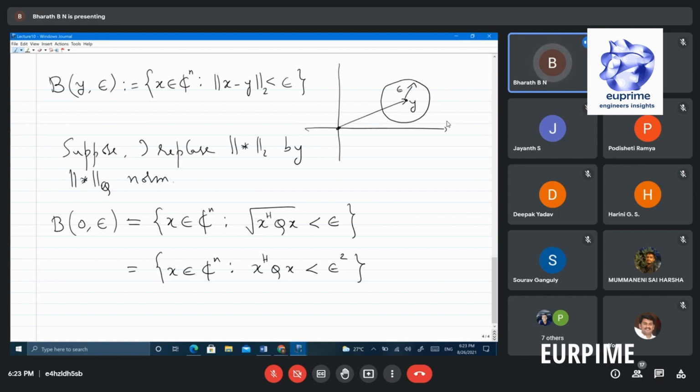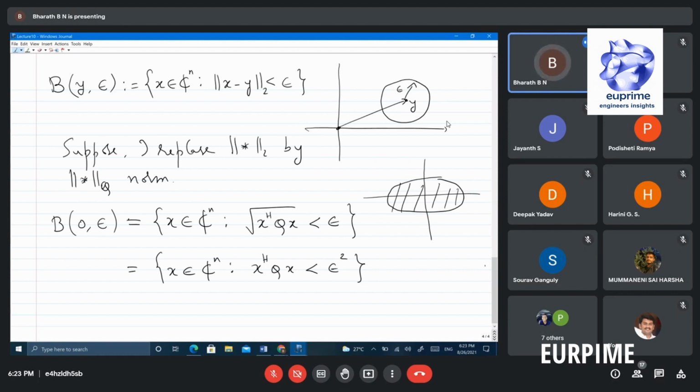Still I call it a ball, because the way I have defined a ball is the set of all points x such that the norm of x is less than epsilon. So it's a ball with respect to that norm Q. But if you look at the actual geometry, it will be an ellipsoid. It is something like this. It is all the points inside this ellipse, excluding the boundary points.